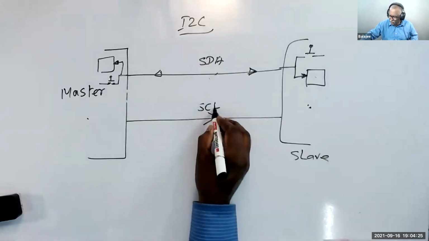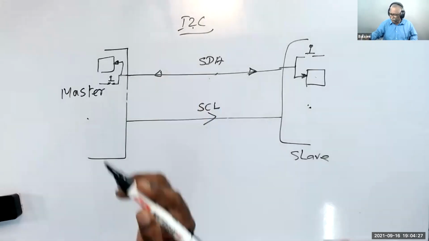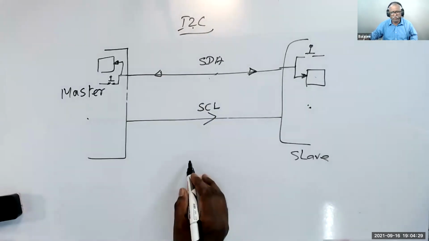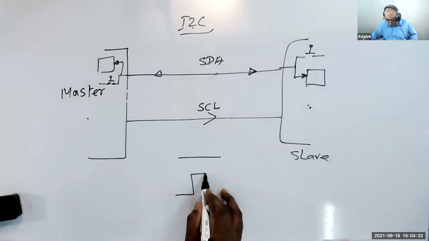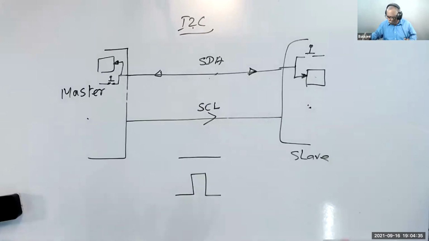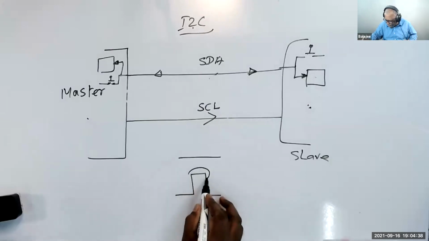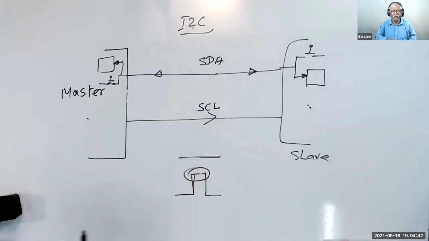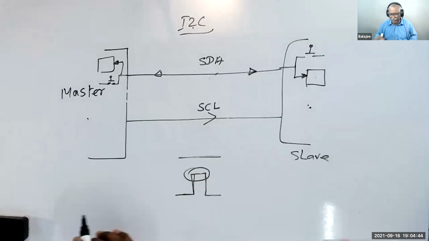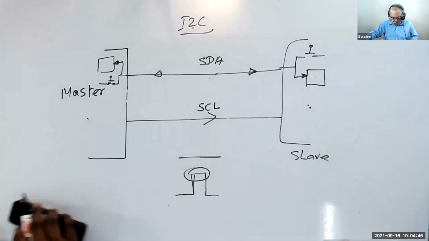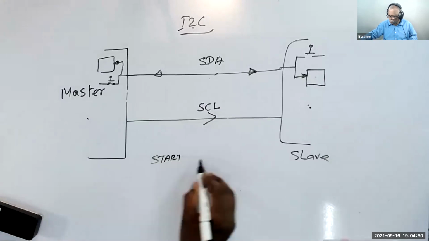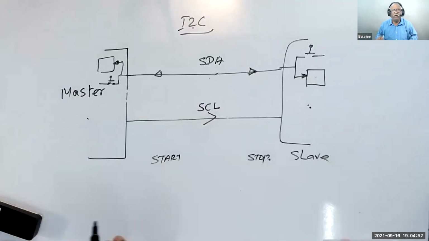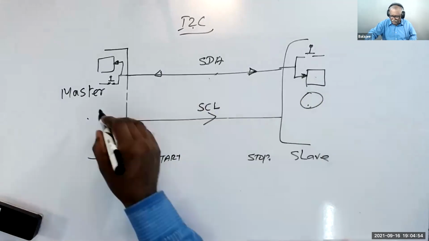In I2C, when the data is there, the clock will pulse and that's it. So when there is a change in the clock, data will be stable. Data will not change when the clock is high, except only one time, start and stop. So they have a small circuit to detect that.